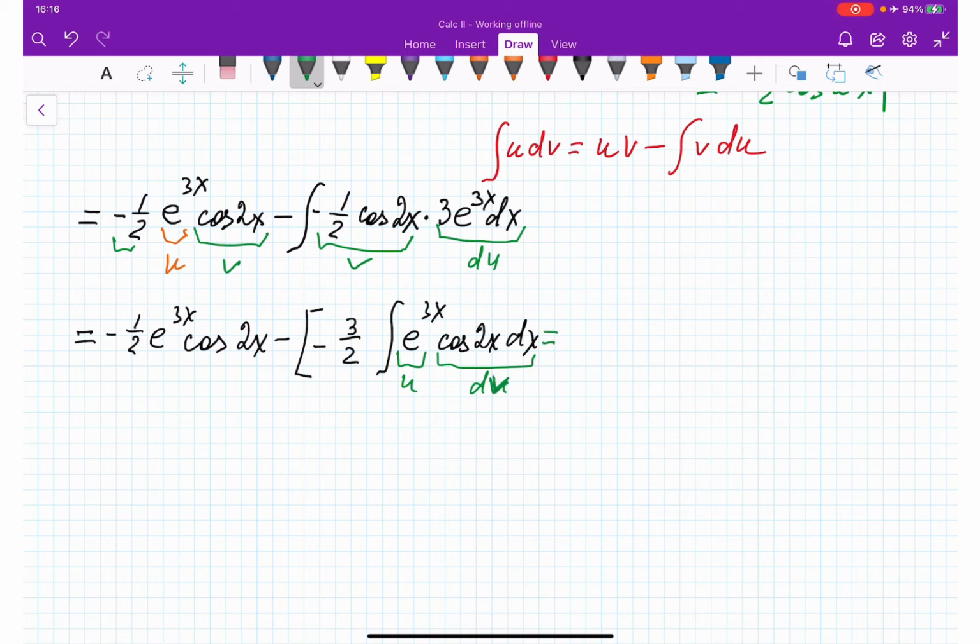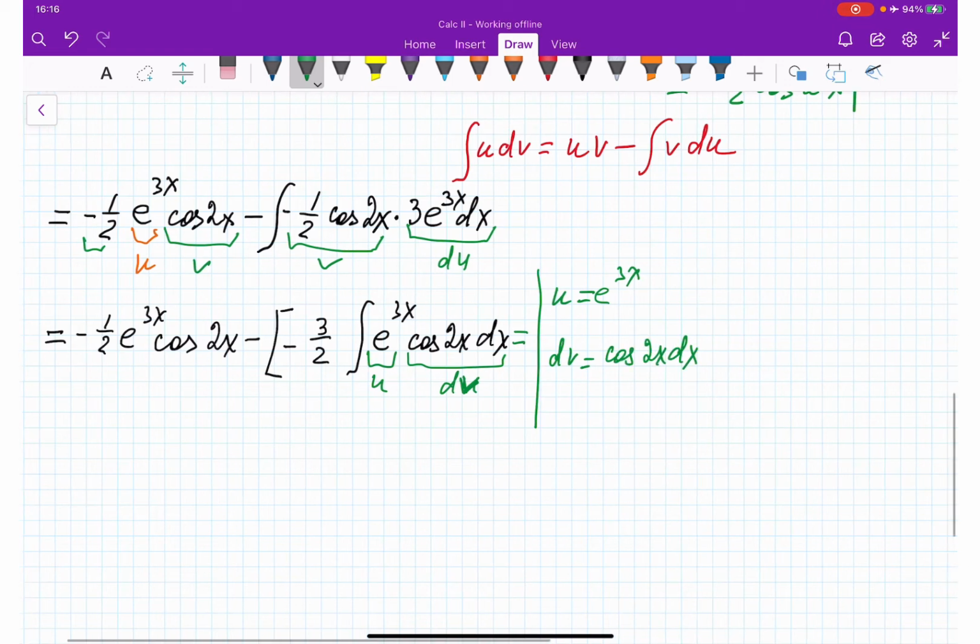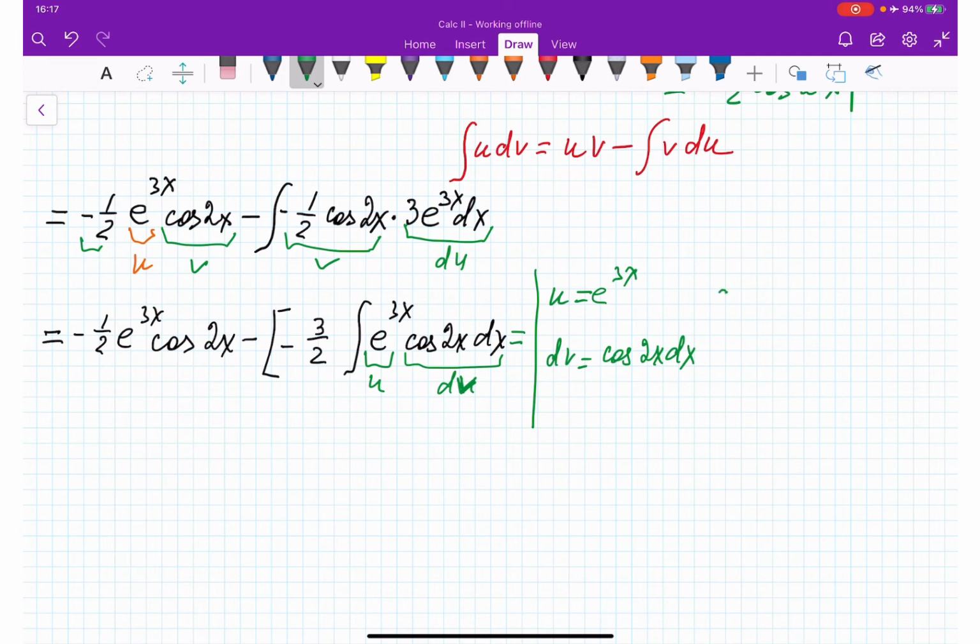So here u is going to be e to power 3x, and dv is equal to cosine 2x dx. Accordingly, du is going to be equal to 3 e to power 3x dx, and v is going to be the integral of cosine 2x dx.